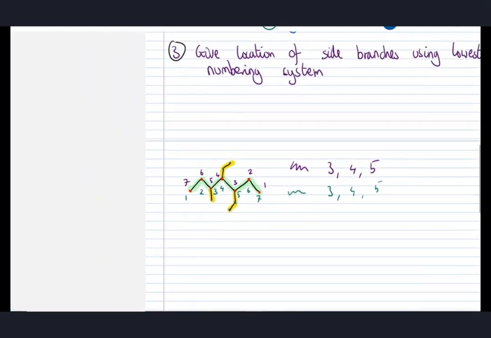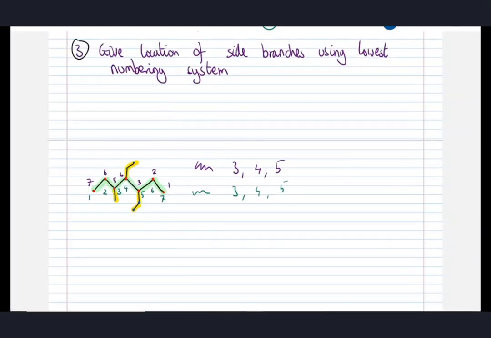Now we need to total up those numbers, and if I'm not mistaken, they total to 12 for the purple and 12 for the green. That means we can go with either number. If one of them was lower, say if green was lower, we'd go with the green numbers. If purple was lower, we'd go with the purple numbers. But they're both the same, so it doesn't matter. I am going to stick with purple, however.